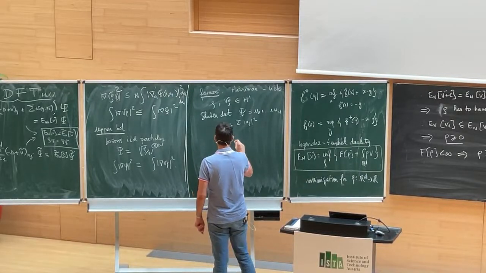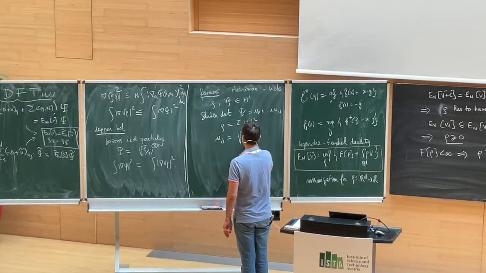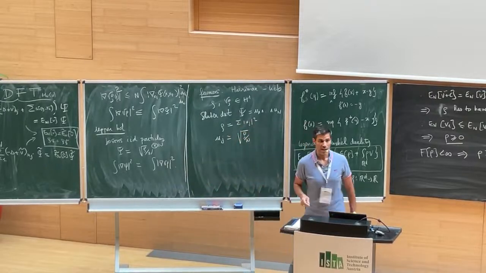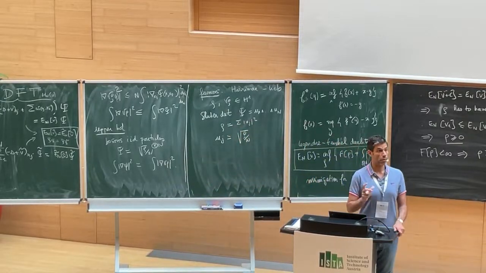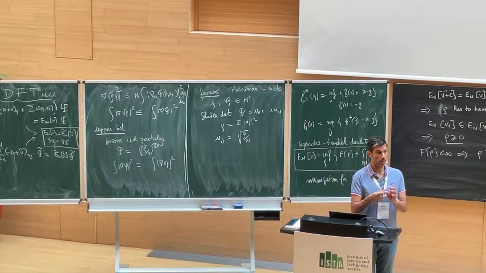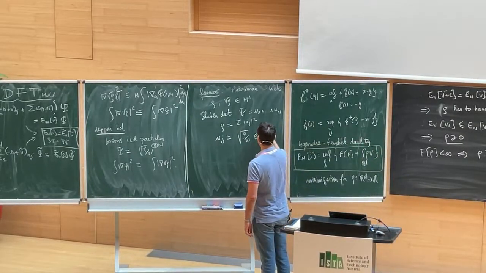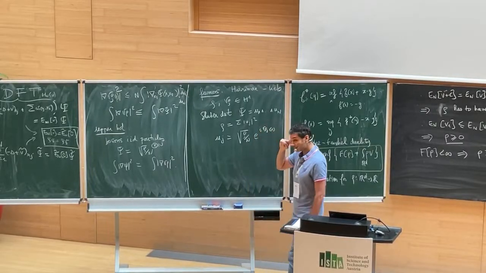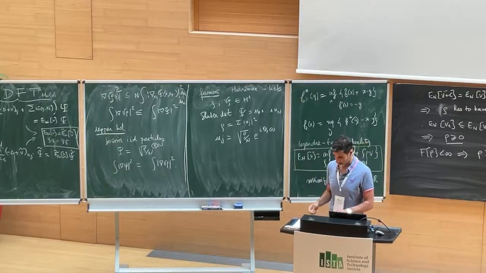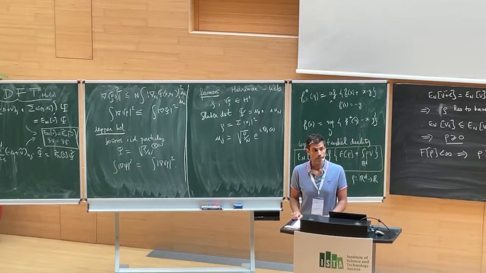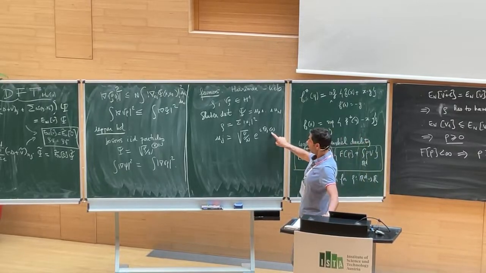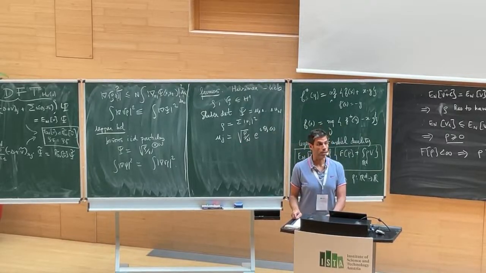The idea is the following: we take uj to be square root rho over n as we did for bosons. But now we have to make them orthogonal to each other, because they are fermions, and so we need to put a phase. So we take e to the i theta j of x, and the phase is x dependent. And we need to choose the phase so that these guys are orthonormal.